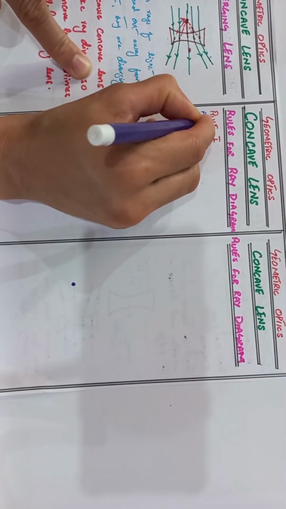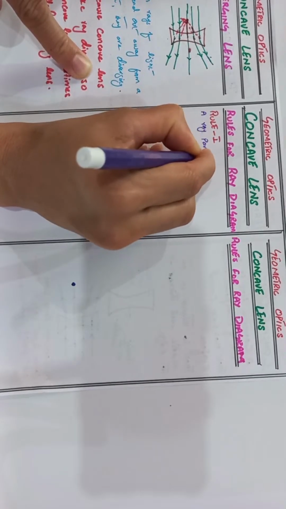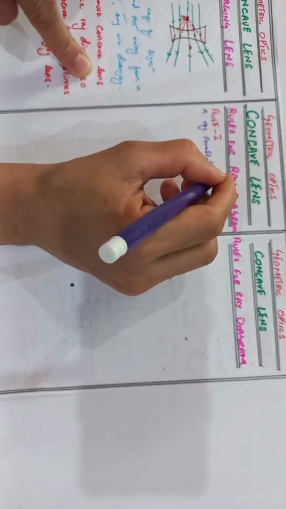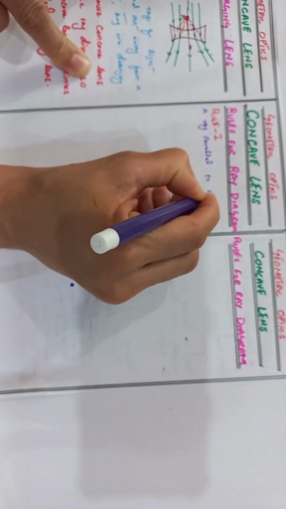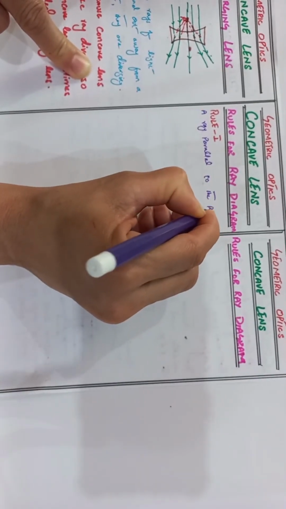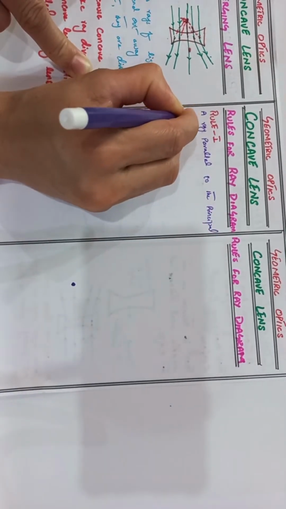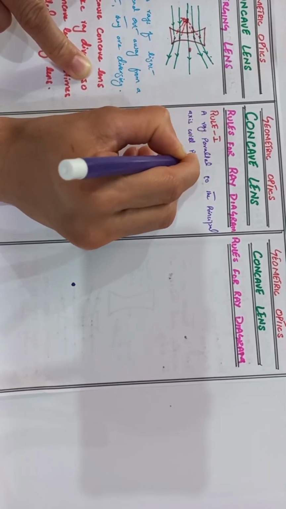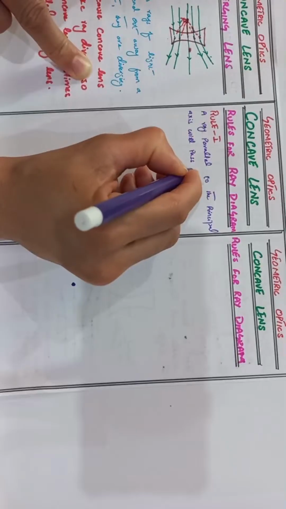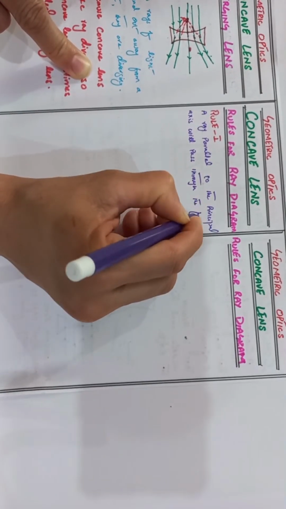A ray parallel to the principal axis will pass through the focus.